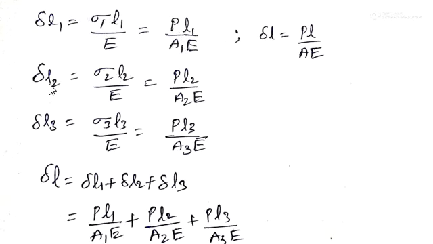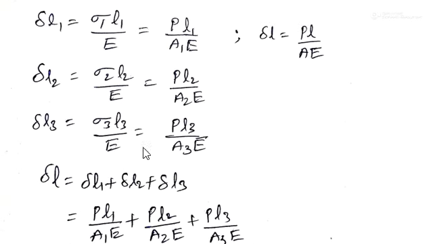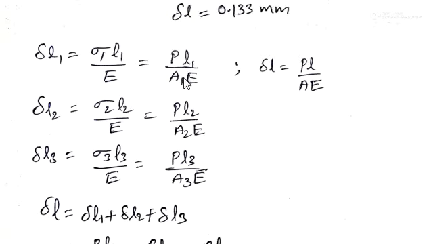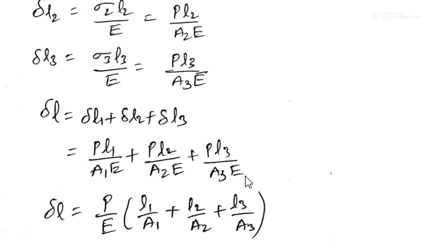In the same way delta L2 is P L2 by A2 E, delta L3 is P L3 by A3 E. When you add these three, delta L1 plus delta L2 plus delta L3, P by E is common, and you can write L1 by A1 plus L2 by A2 plus L3 by A3.